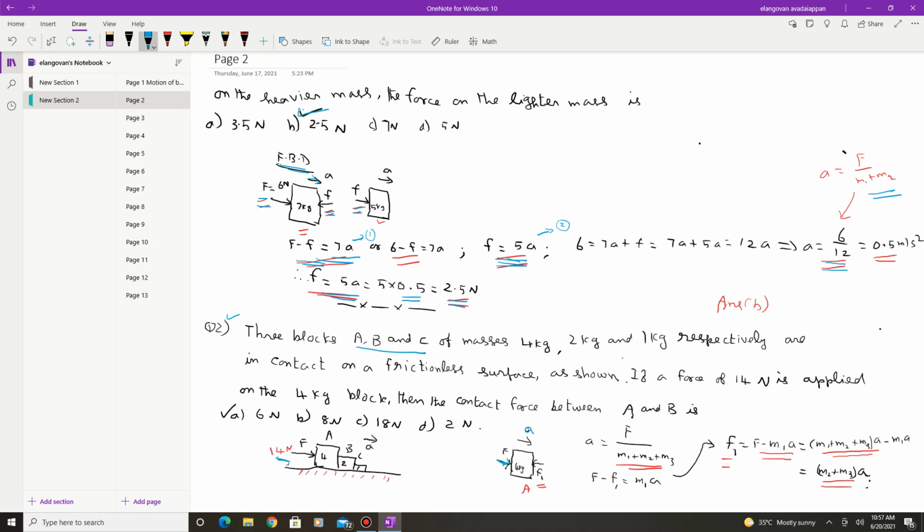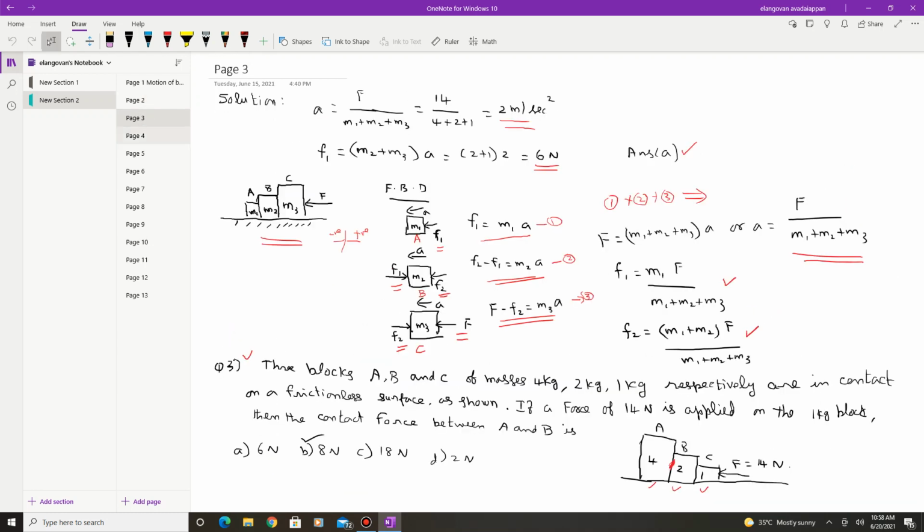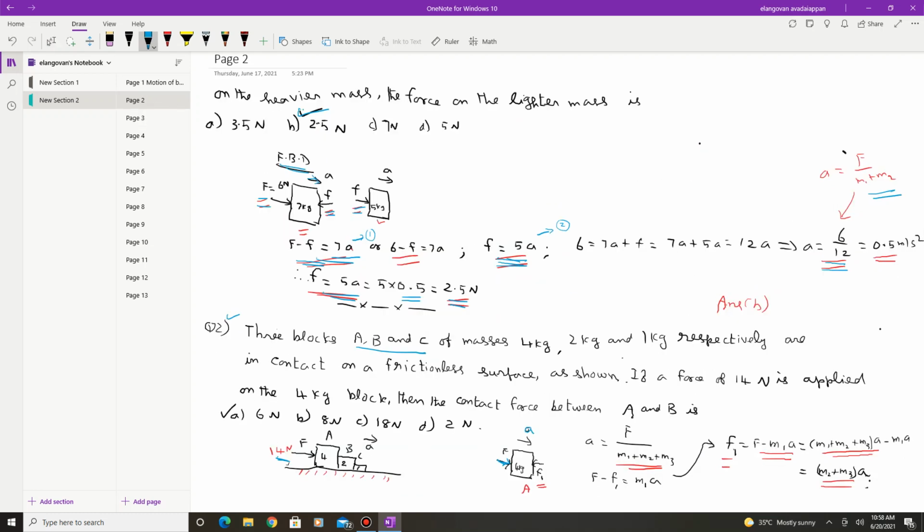So F1 is the contact force acting on block A due to B. Now we have already shown that the acceleration is equal to force divided by the total mass of the system, so F divided by the total mass M1 plus M2 plus M3. So you will get the acceleration. And from the free body diagram, F minus F1 is equal to MA.